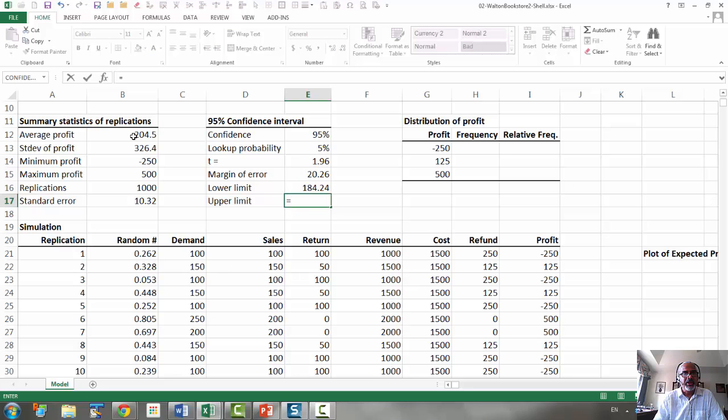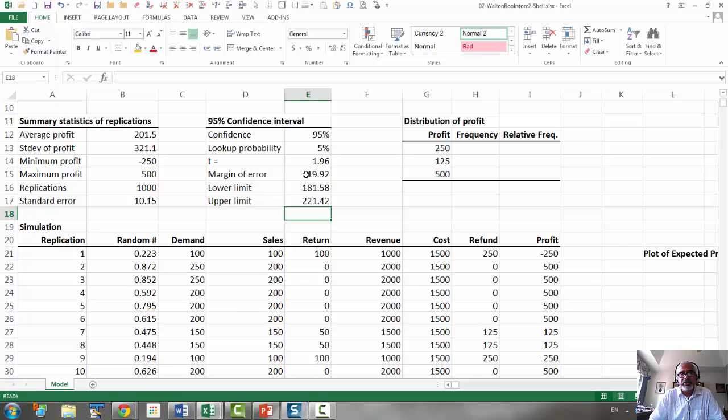and the upper limit is the average profit plus the margin of error. So that will give us a confidence interval.